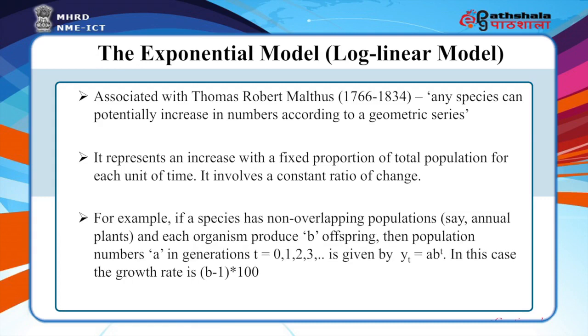For example, if a species has non-overlapping populations, say annual plants, and each organism produces B offspring, then population numbers A in generations t equal to 0, 1, 2, 3 is given by y_t equal to ab to the power t. In this case, the growth rate is (b minus 1) into 100.